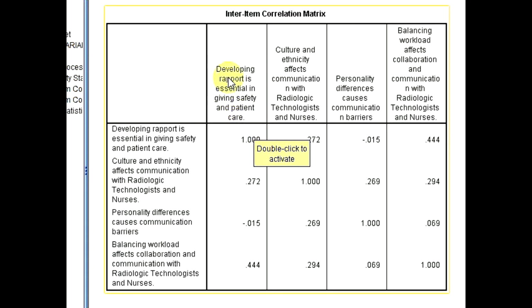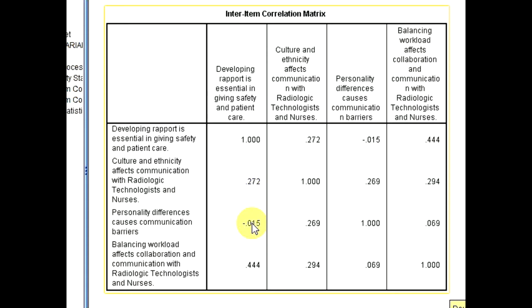If you will notice, of course, the diagonal will be 1 because you perfectly correlate with yourself. So developing rapport, of course, is perfectly correlated because they're identical. But if you analyze the correlation of the first question with the second question, it is very low, 0.272.